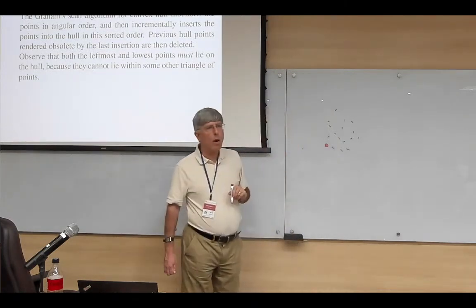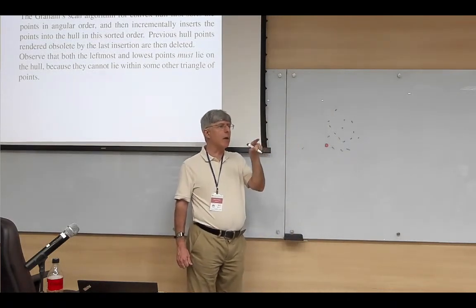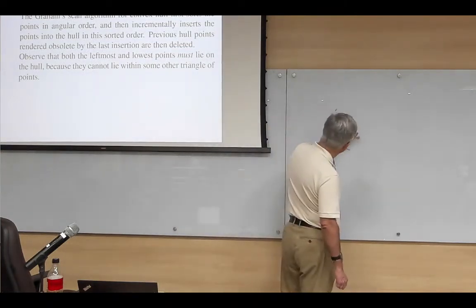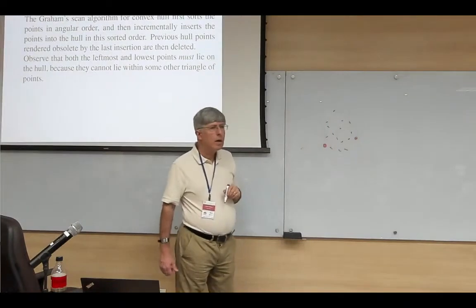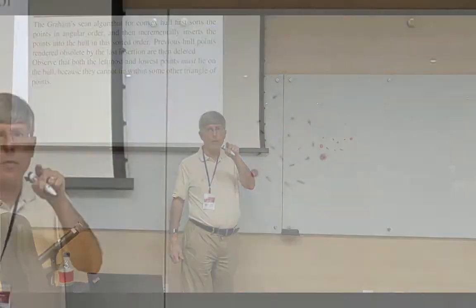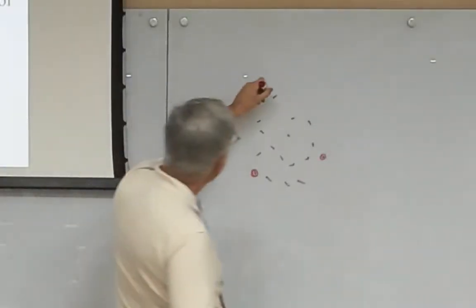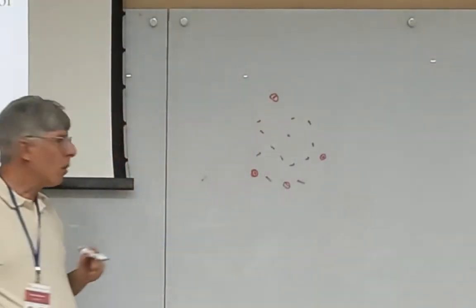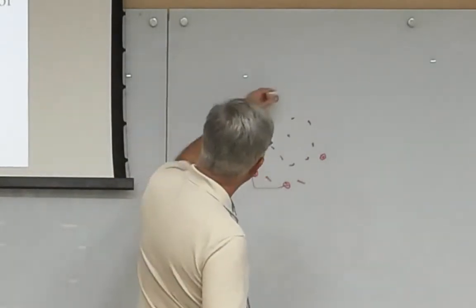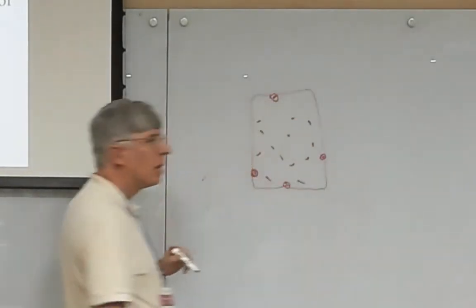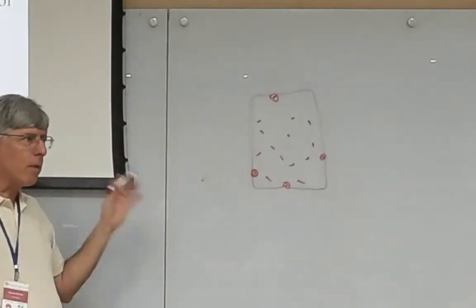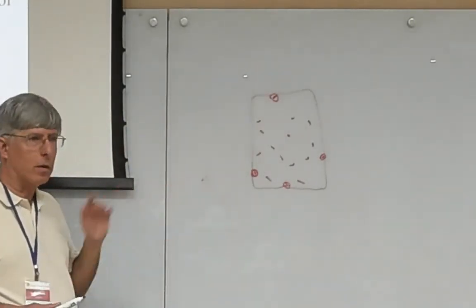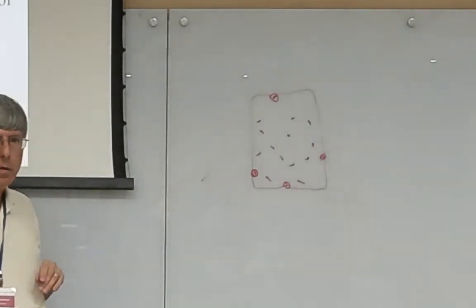The rightmost one, no reason to be prejudiced left or right. The lowest one. The top and the bottom points clearly have to be on there. So finding a box around the points is actually quite easy, and everybody's in the box. The box is convex, but the box is not the smallest such polygon, right?